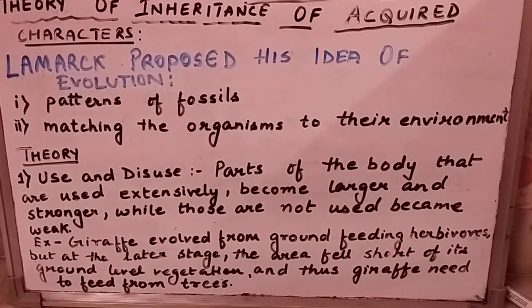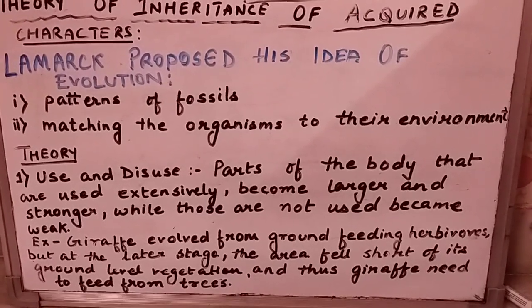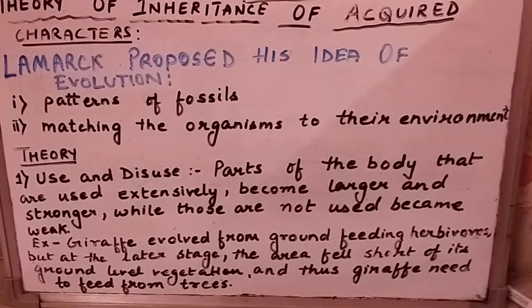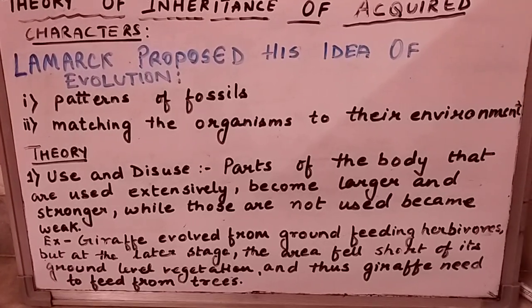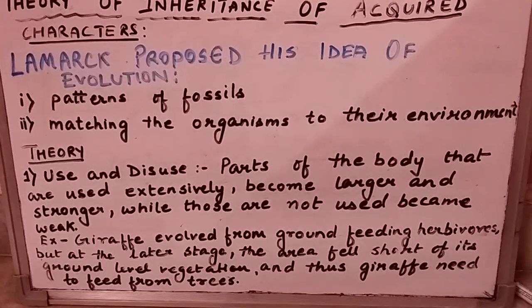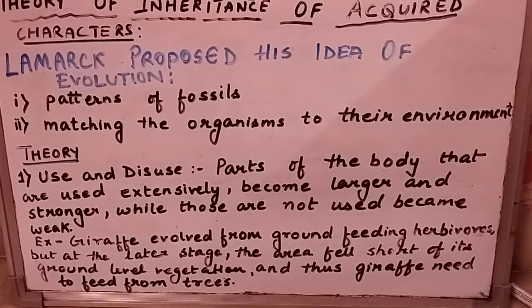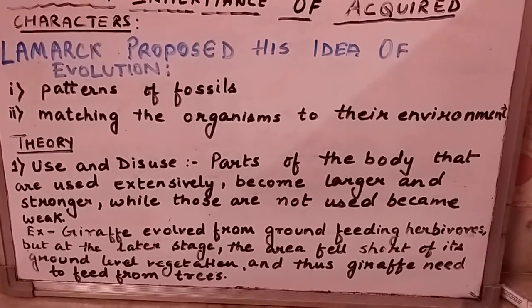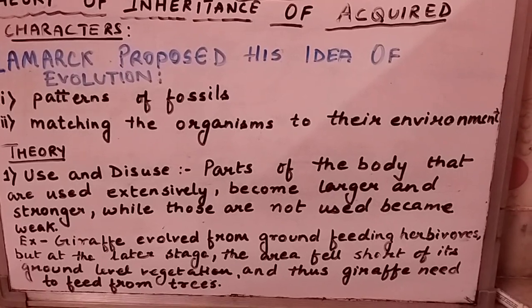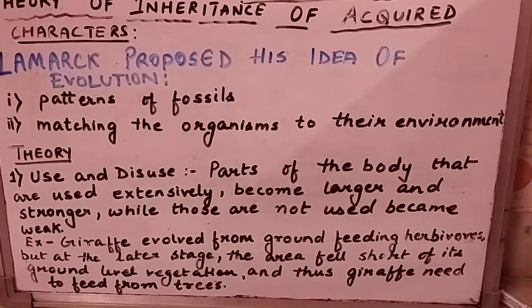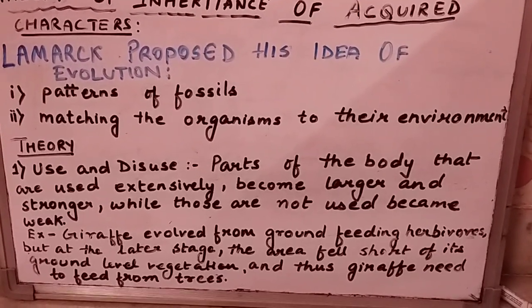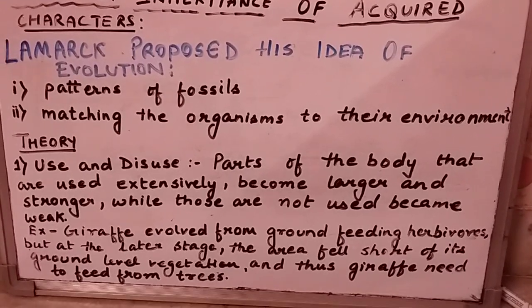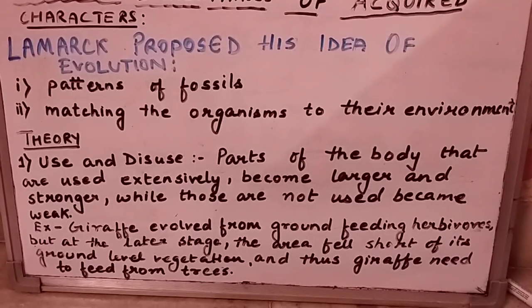And the second one was matching the organisms to their environment, that is, how the organisms were reconciling with the environment. On that basis, he proposed some points under this theory.